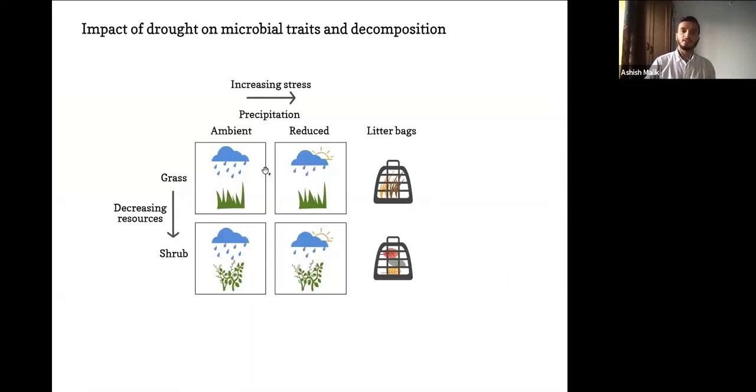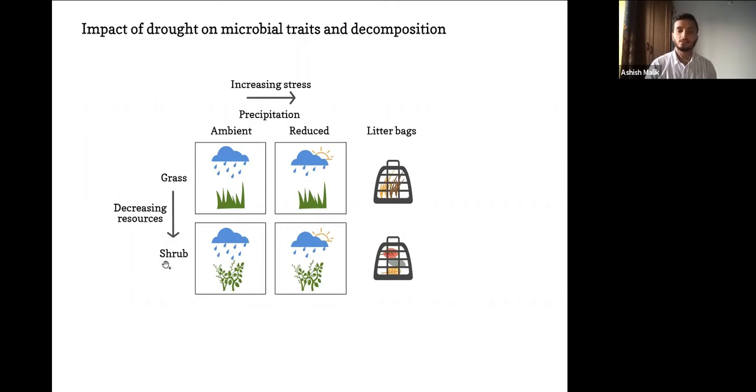We hypothesized here that there are 2 gradients. One is of stress, which is along the precipitation gradient. So the drought treatment will reflect increased stress for microorganisms, mainly in the form of osmotic stress, but perhaps other stresses, which we will see later. And along the vegetation gradient, we saw a resource gradient.